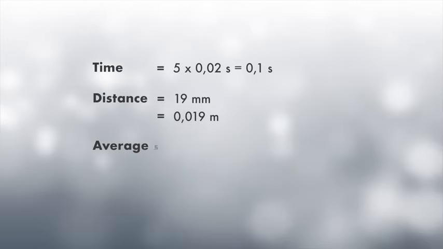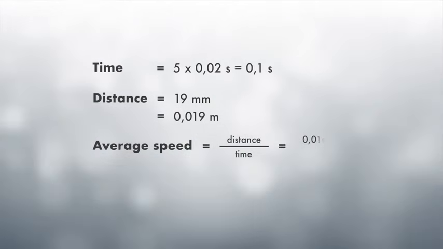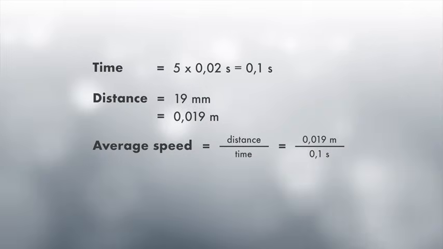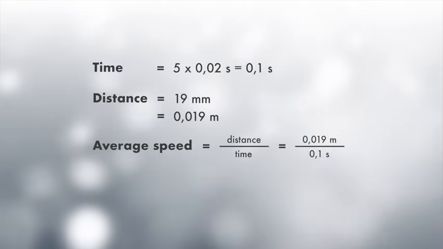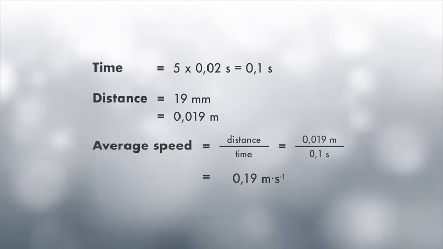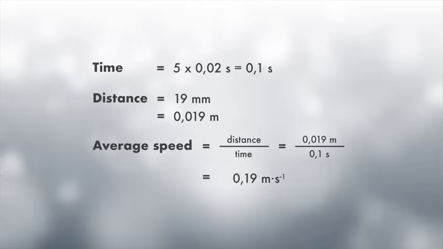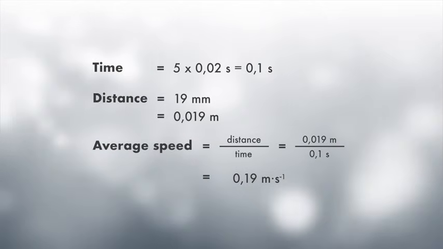The average speed equals distance divided by time, which equals 0.019 meters divided by 0.1 seconds, and that gives us an answer of 0.19 meters per second. The tape traveled at a constant velocity of 0.19 meters per second.